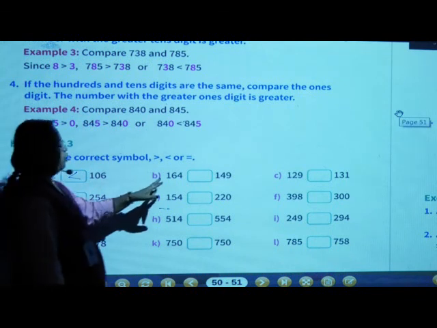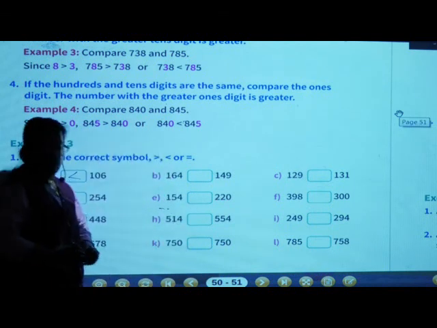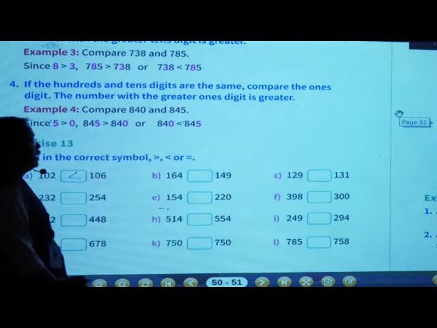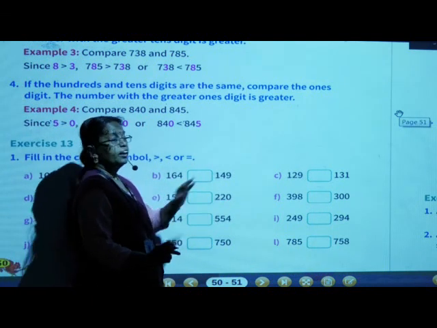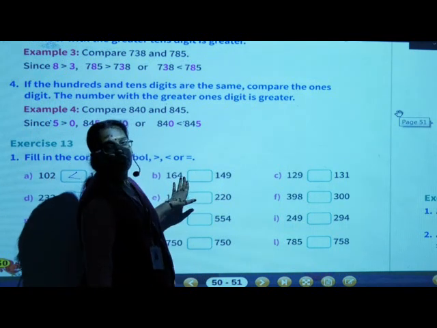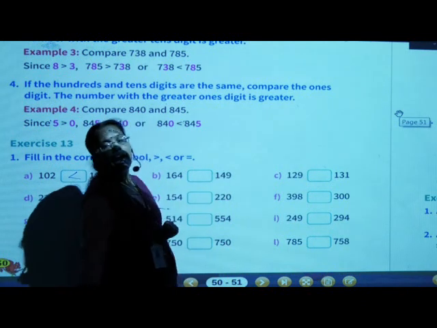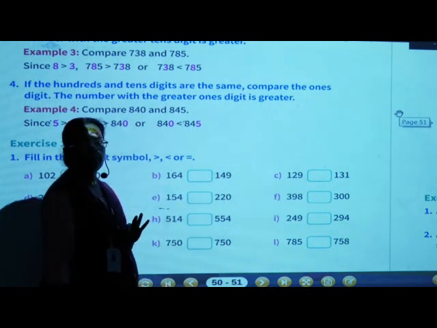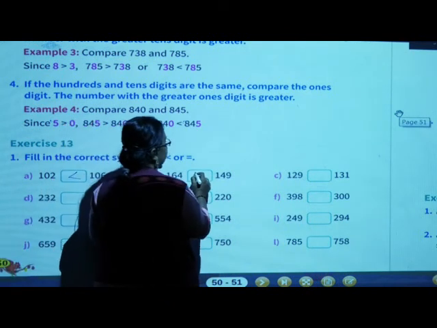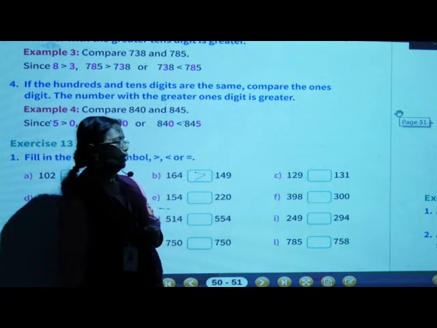Then, is 164 smaller or bigger than 149? Yes, 164 is greater than 149. So what will be your sign? 164 is greater than 149.